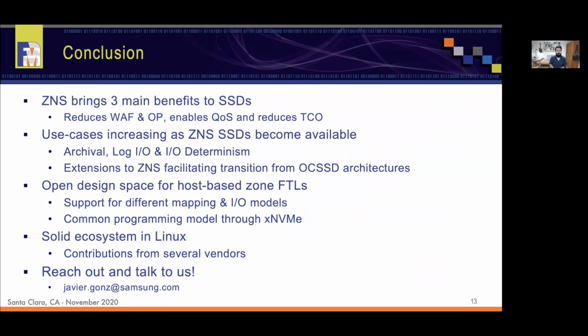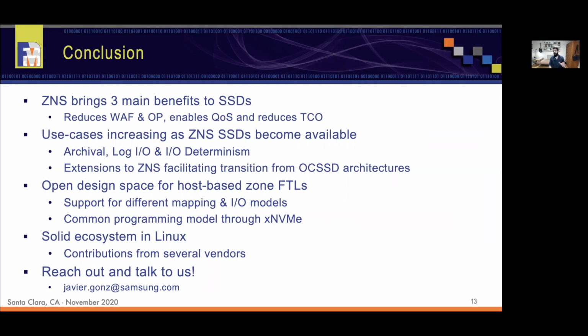Some concluding points: three main benefits of ZNS: reduced write amplification and overprovisioning, better QoS with explicit mechanisms to provide it, and reduced total cost of ownership. ZNS has a lot of use cases.